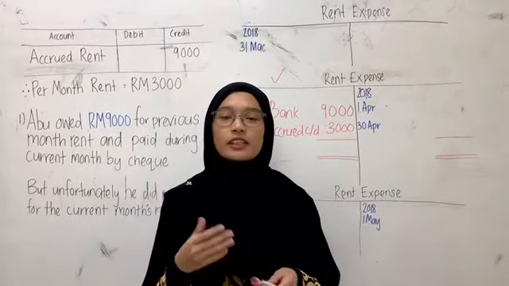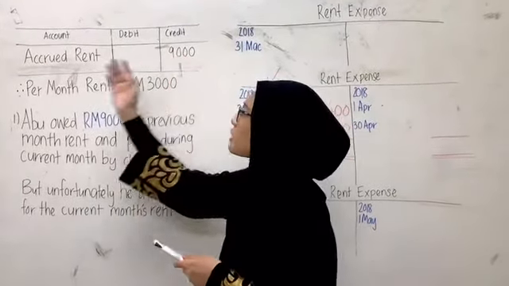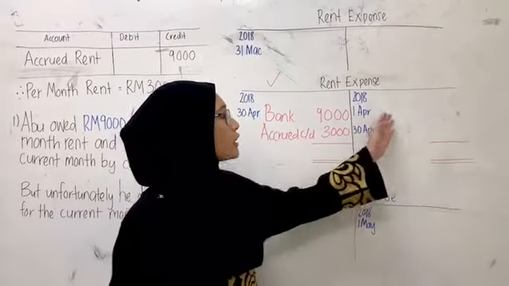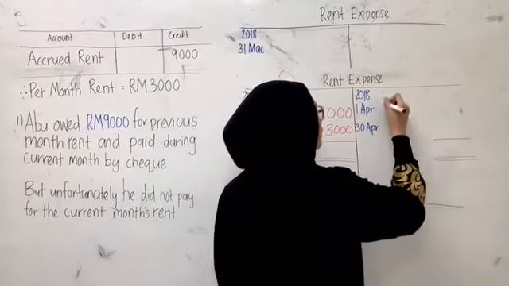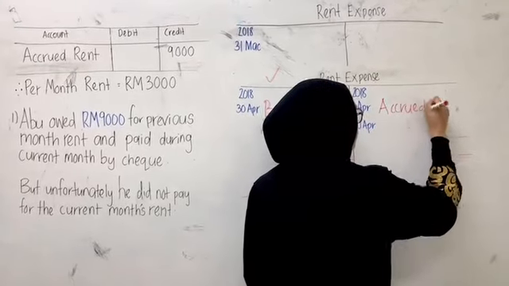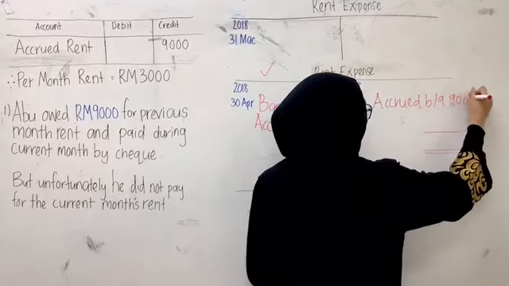So go back to our trial balance. Trial balance here is accrued rent 9,000 ringgit. So we have to write this accrued rent 9,000 ringgit as the accrued b/d of the current month. Accrued b/d 9,000 ringgit.